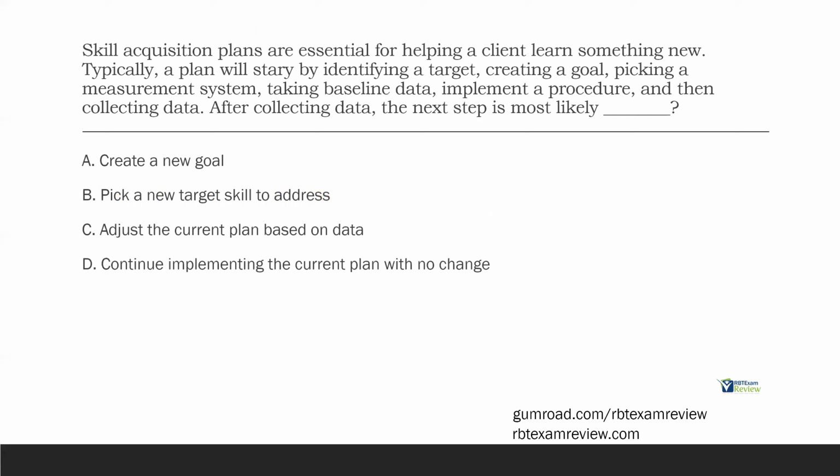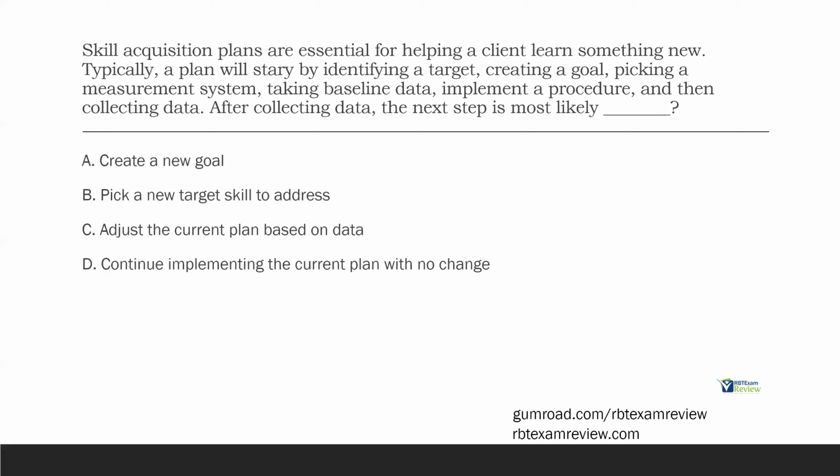Skill acquisition plans are essential for helping a client learn something new. Typically, a plan will start by identifying a target, creating a goal, picking a measurement system, taking baseline data, implementing a procedure, and then collecting data. After collecting data, the next step is most likely what? Okay, so this is a question regarding what you're going to be doing next.